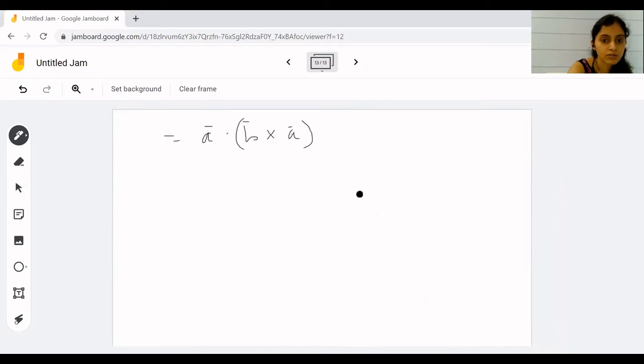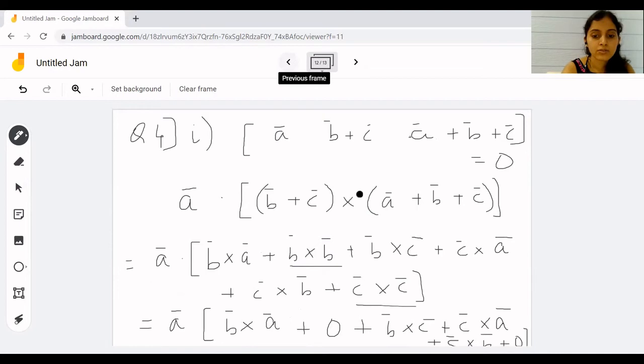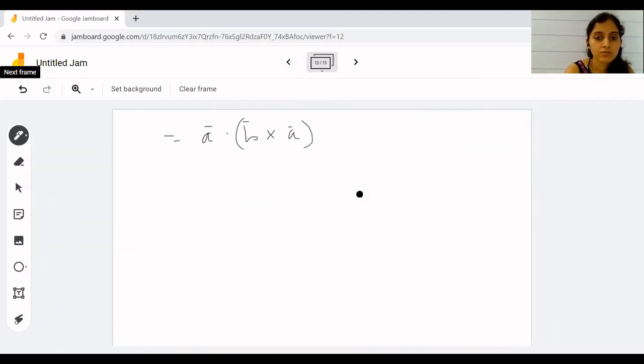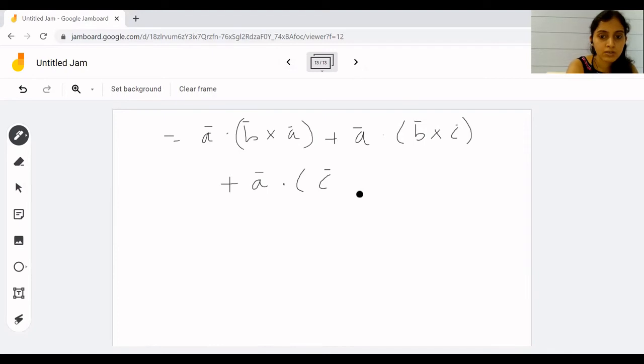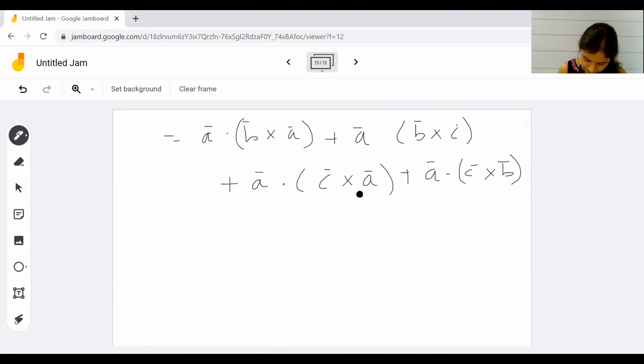A bar dot b bar cross a bar plus a bar into 0, that is 0, plus a bar dot b bar cross c bar, plus a bar dot c bar cross a bar, plus a bar dot c bar cross b bar. And the last one would be 0 again.